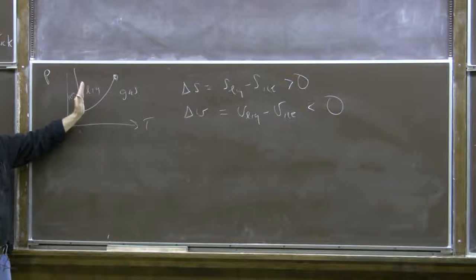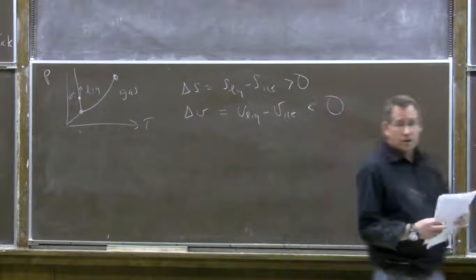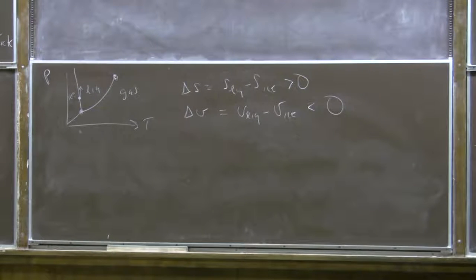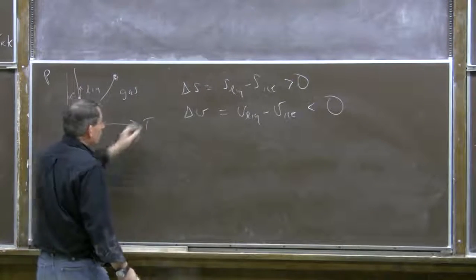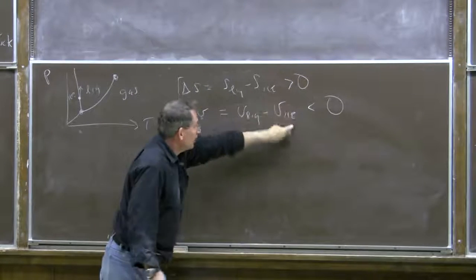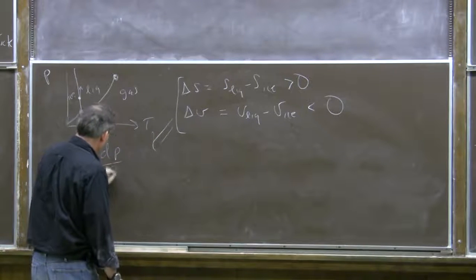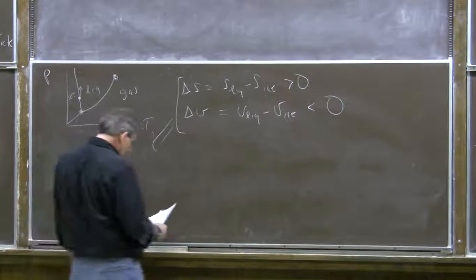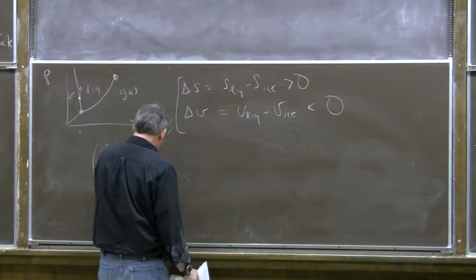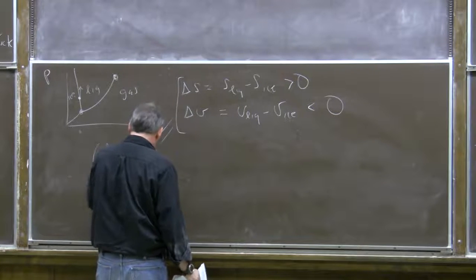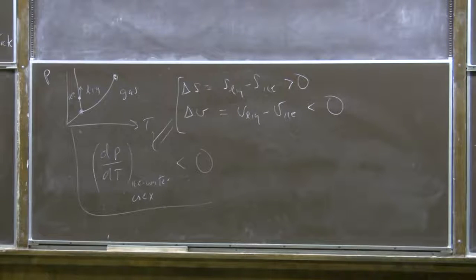Ice skate. We can ice skate, right. When the blade of your skate is pressing down on the ice, it melts the water, so you can slide on it. So that this is positive and this is negative means that dp d tau along the coexistence between ice and water is less than 0.